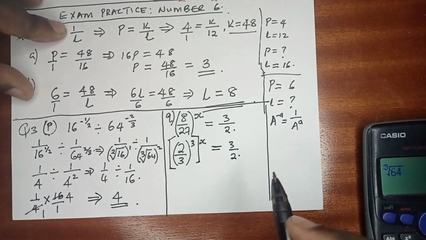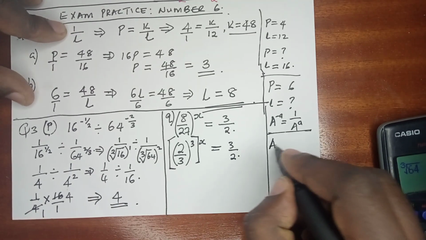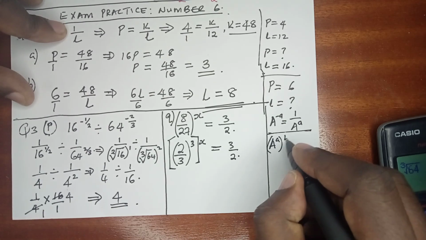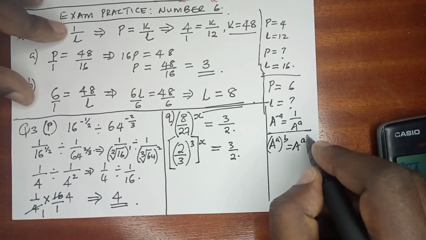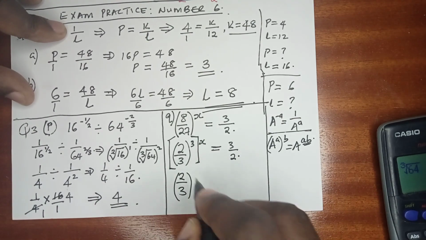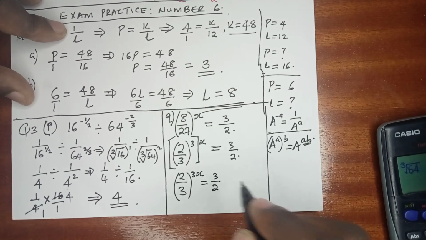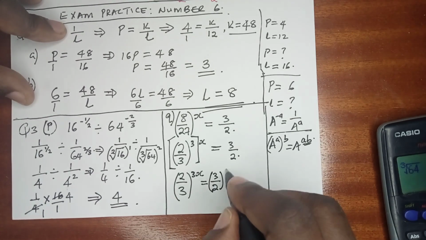So according to what we have always said, a raised to power a, which is again raised to power b, is a raised to power ab. So the product of the indices: we have 2 over 3 raised to power 3x is equal to 3 over 2, of course raised to power 1.